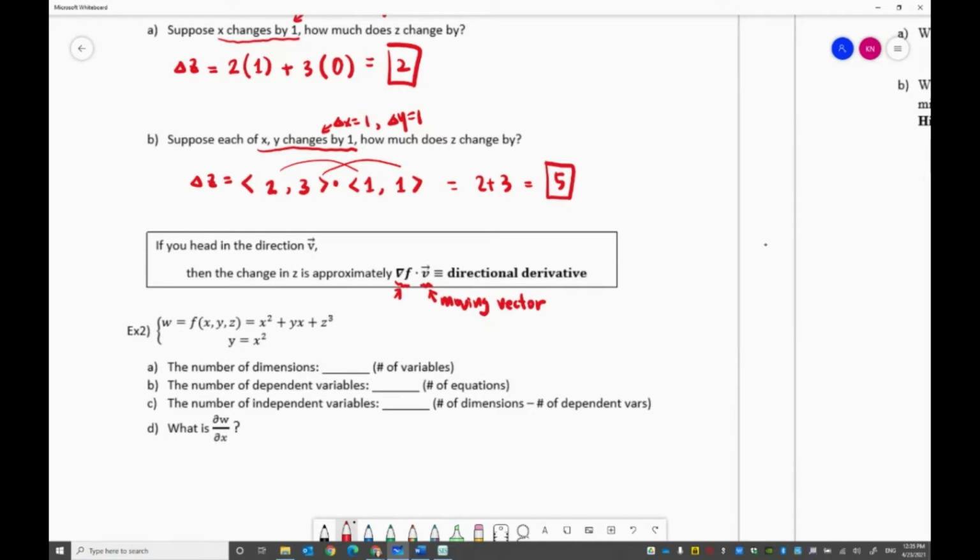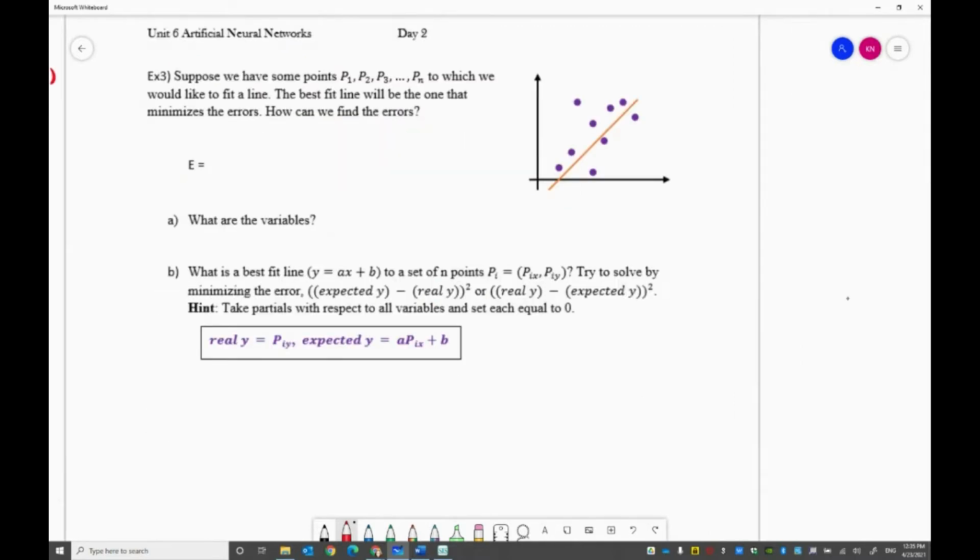Then this is from the equation. Error is the sum from i equals 1 to n of (a times point sub ix plus b minus point sub iy) squared. So what is not given are a and b, so a and b are variables.